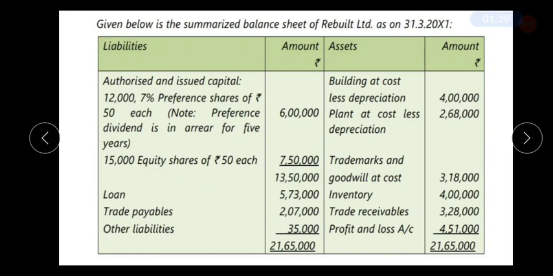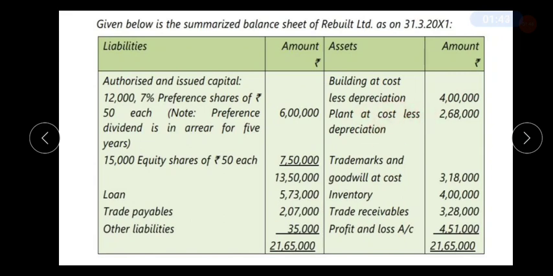And you have current liabilities, trade payables and other liabilities. If you come to the asset side, you have building at cost less depreciation. So this 4 lakh is the book value, which is after deducting depreciation. Plant at cost less depreciation.